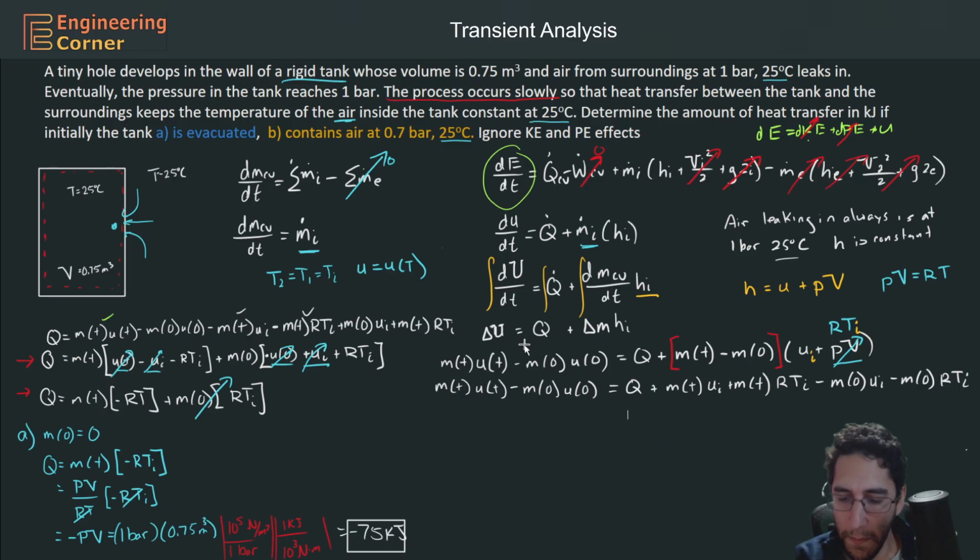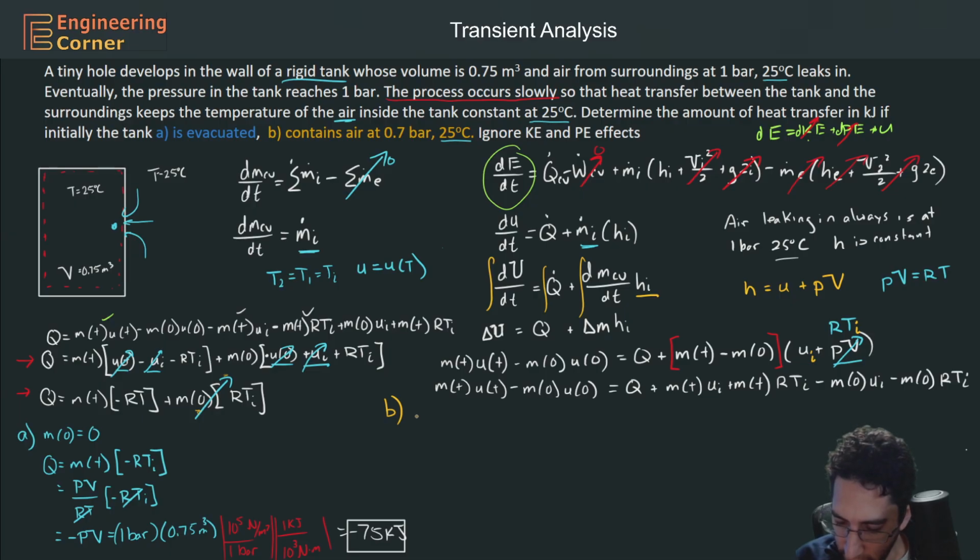Now we want to do part B. So when I do part B, it's the same thing, except I can't make this, my tank initially contains air at 0.7 bar, 25 degrees C. So that means my mass is not going to be 0.